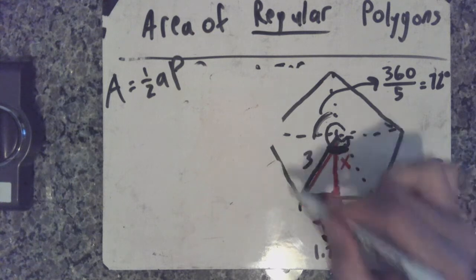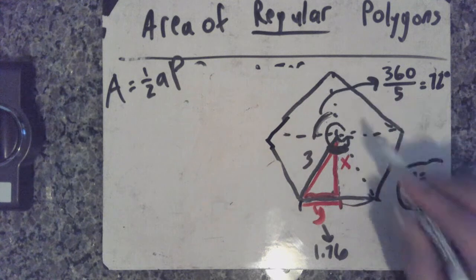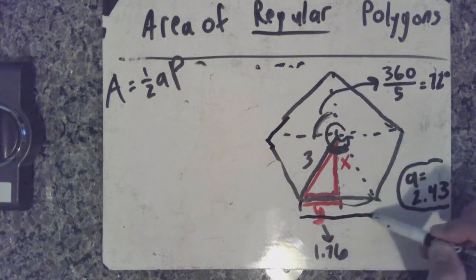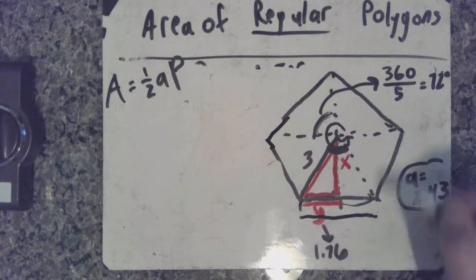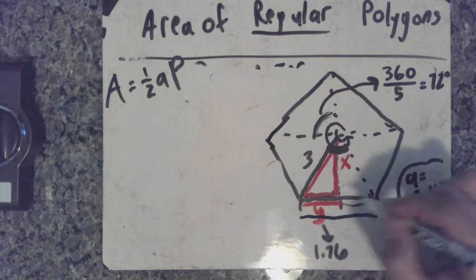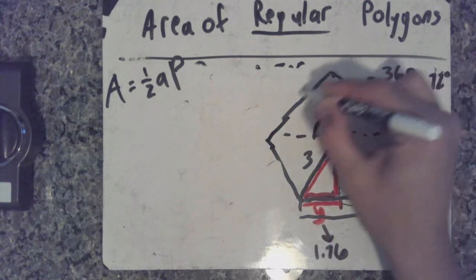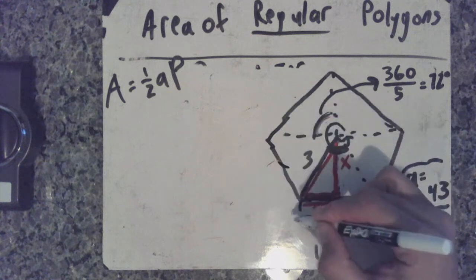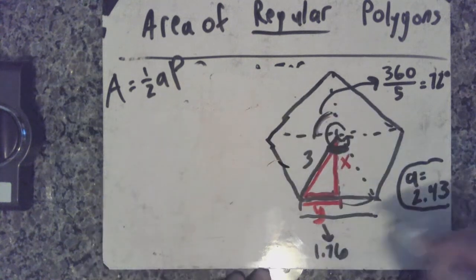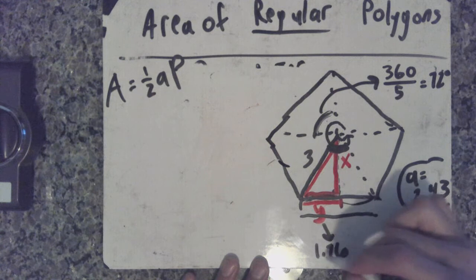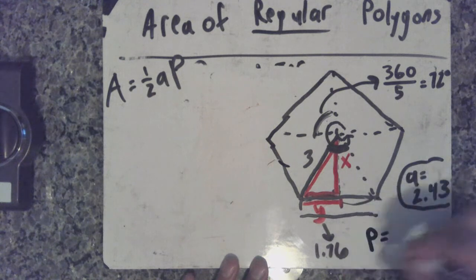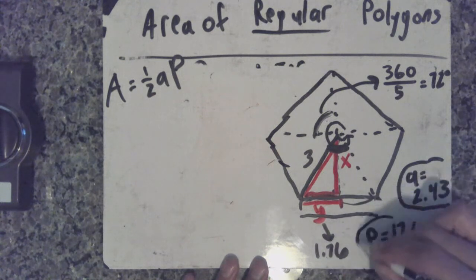Let's think about how many of those we have. If I look at this entire length, I've got 5 of those. So in other words, we have 10, right? 1, 2, 3, 4, 5, 6, 7, 8, 9, 10 of those. So I'm going to multiply that by 10, so therefore my perimeter is 17.6.